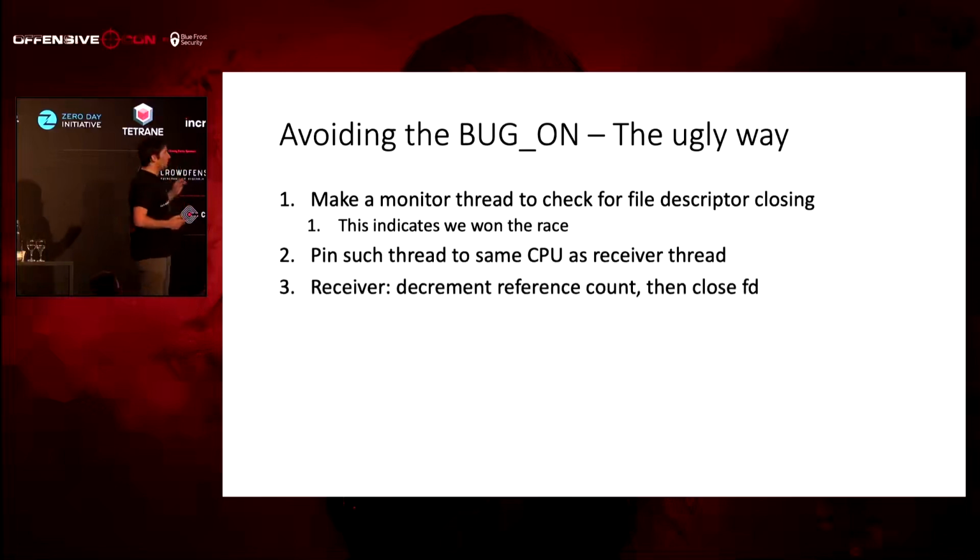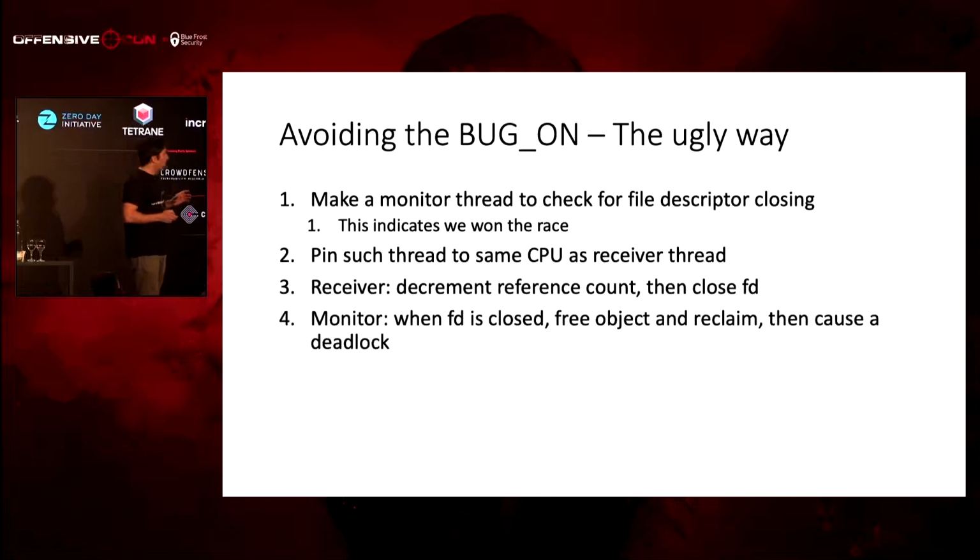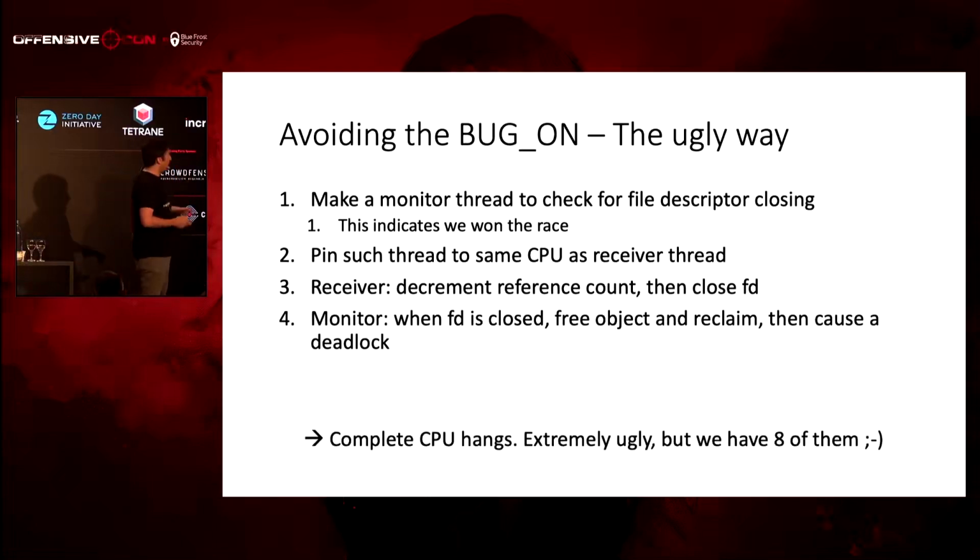And now I'm going to cause a use after free with my bug, right? And then from that use after free with the monitor, I'll reclaim the object, replace it with some object that has an acquired spin lock, and then acquire it. So now we go into a spin lock which is non-preemptive, and the CPU completely hangs. But hey, we have 8, so we can fix it later.